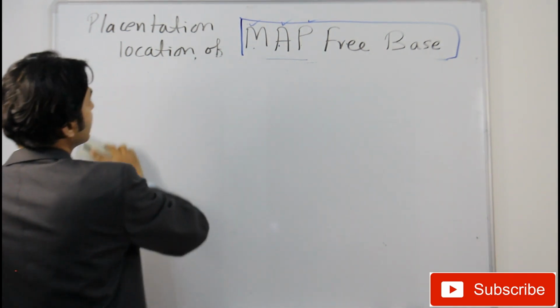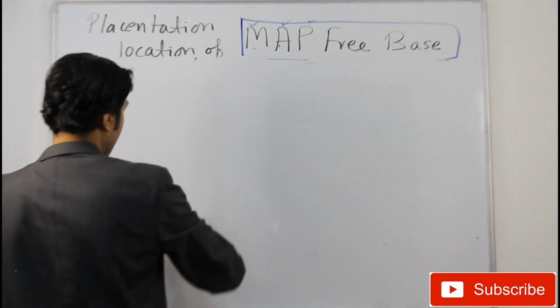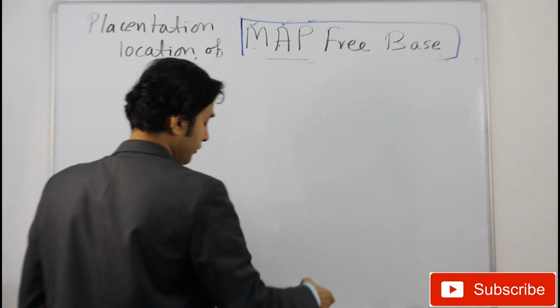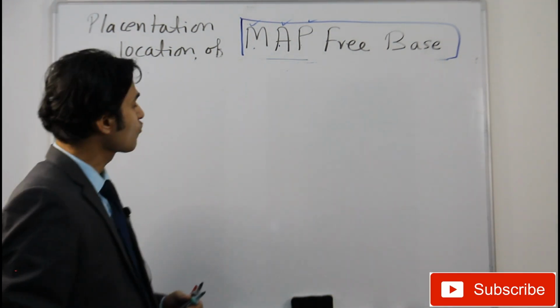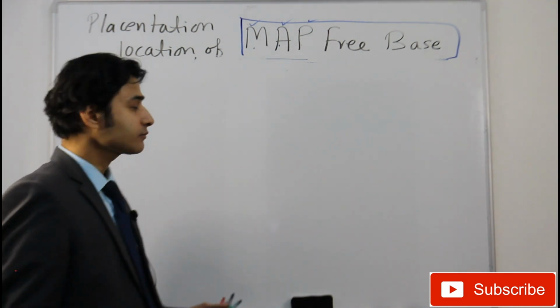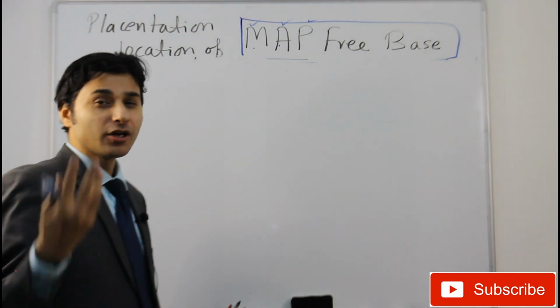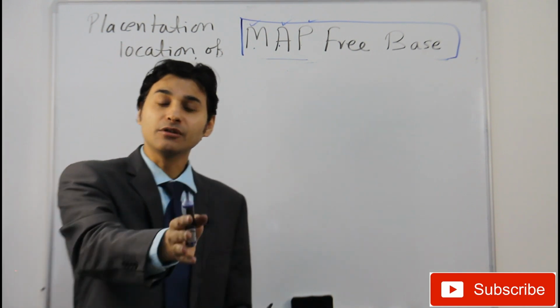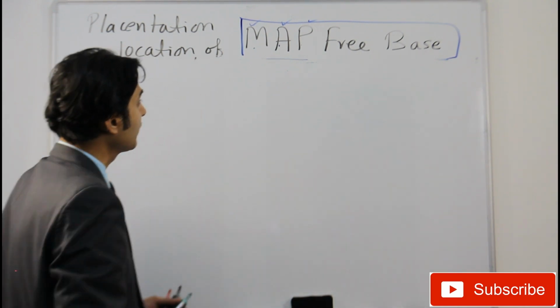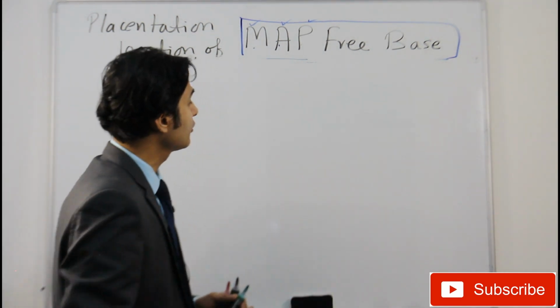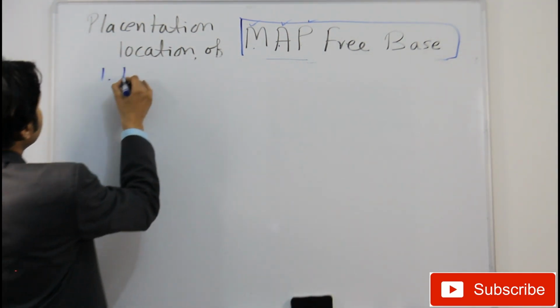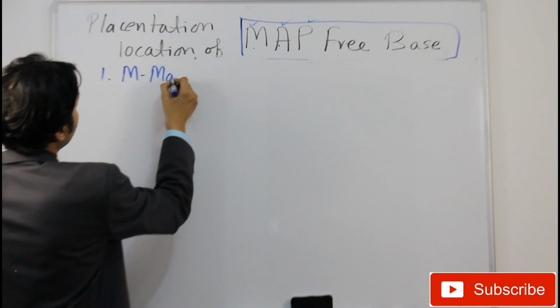With this technique, you are not going to forget it. So presentation, location of ovules, map. If you have a map, you can reach the location. You are free from tension because you have the basic thing. So first one is M, means marginal.